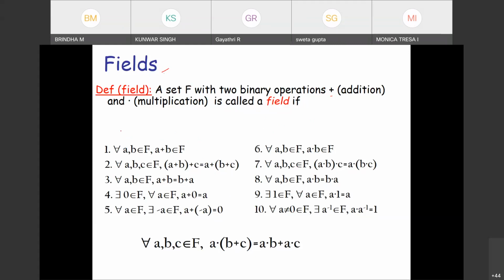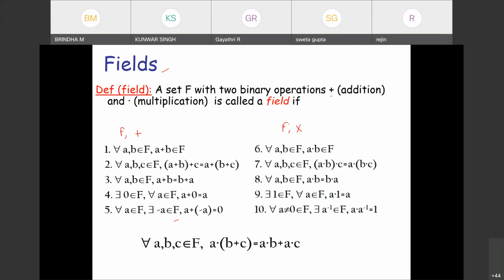F with addition forms a group. You can see that these are all the group properties. In addition, the identity element will be 0 and the inverse will be the additive inverse. Then we have another group, F with multiplication.